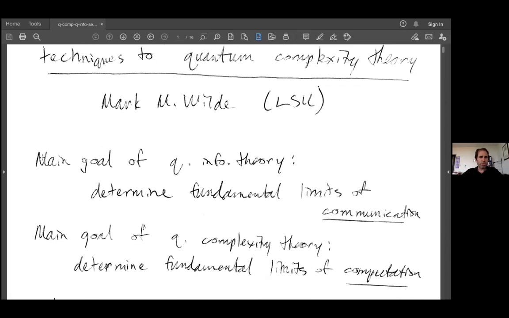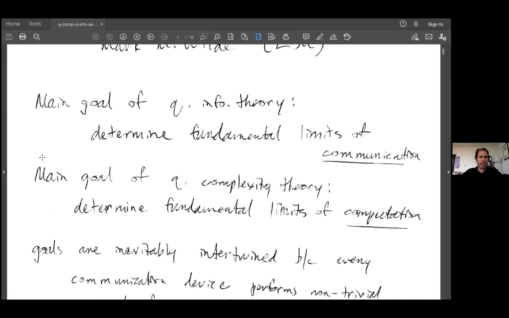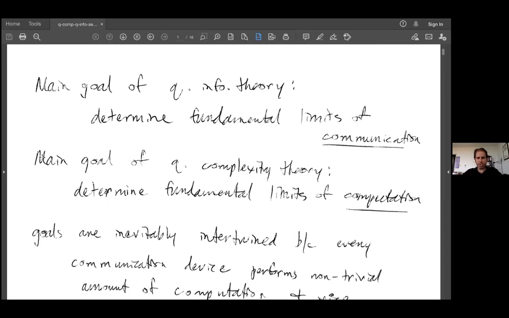Okay, so there are some things that I wrote in the abstract that was sent out, and I just want to reiterate those points. When it boils down to it, the main goal of quantum information theory is to figure out what are the ultimate physical limits of communication. In order to figure out these limits, we need to have the best physical laws available, and those laws are quantum mechanics.